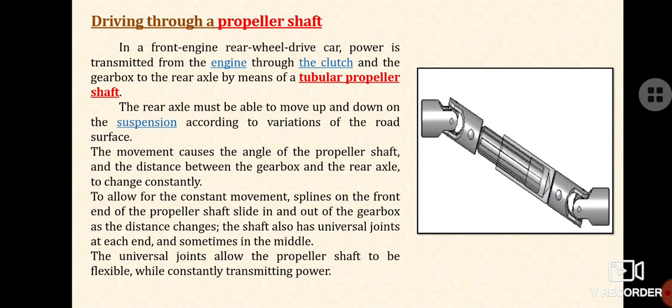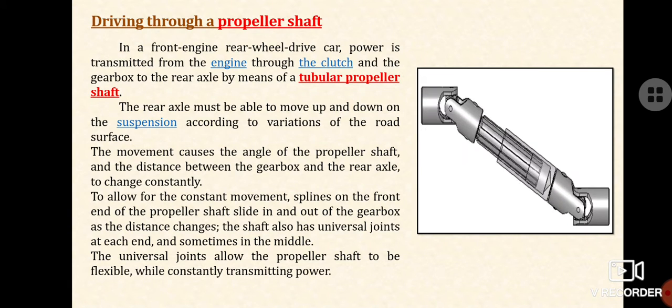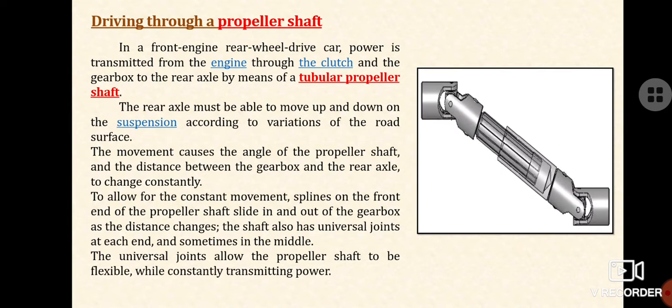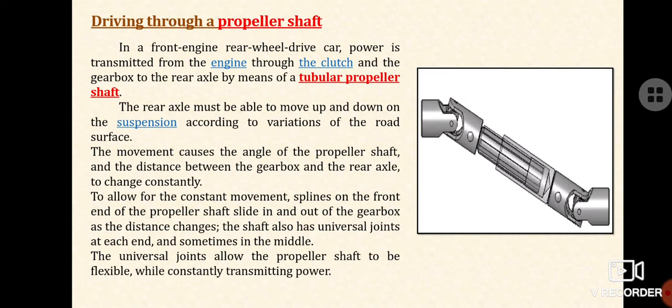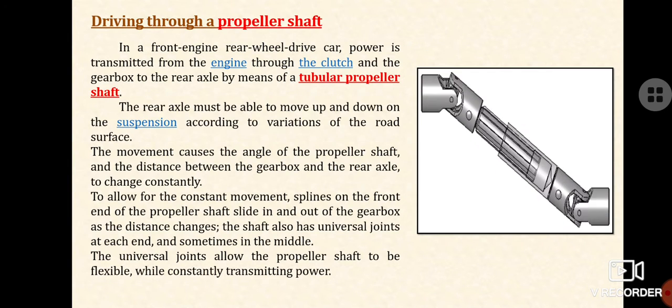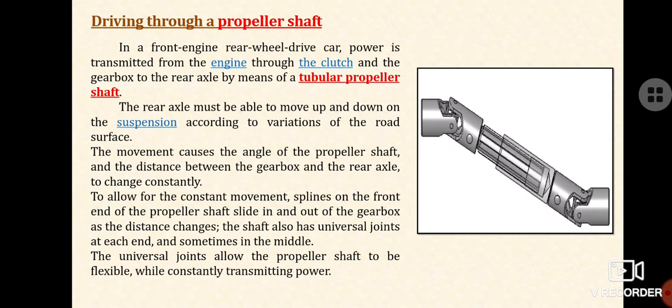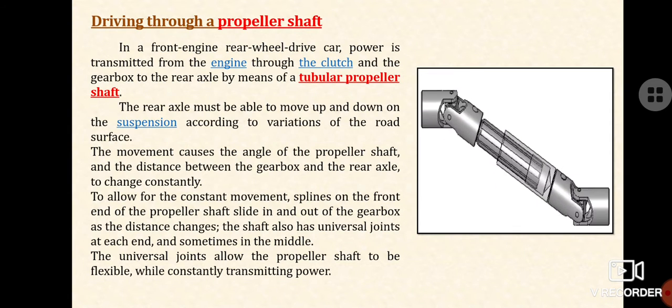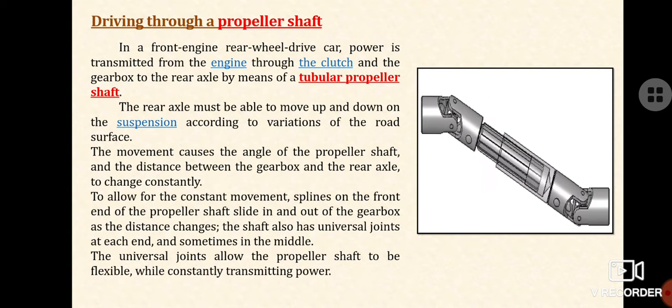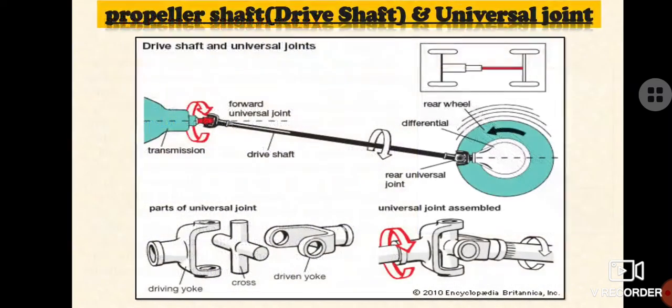To allow for the constant movement, splines on the front end of the propeller shaft slide in and out of the gearbox as the distance changes. The shaft also has universal joints at each end and sometimes in the middle. The universal joints allow the propeller shaft to be flexible while constantly transmitting power.